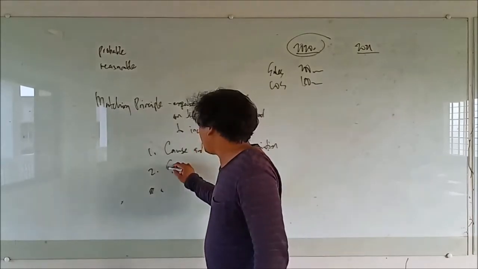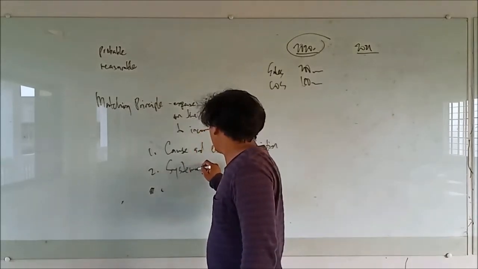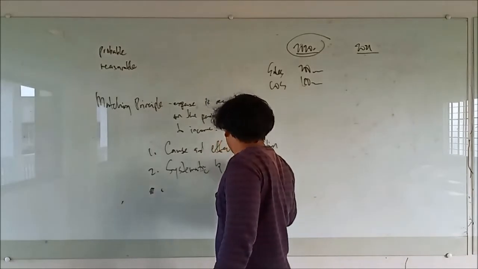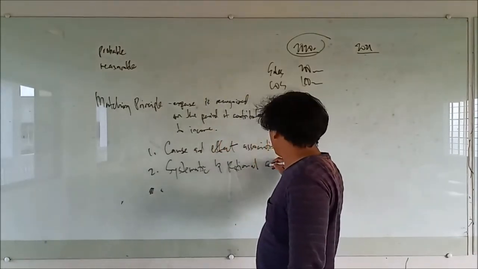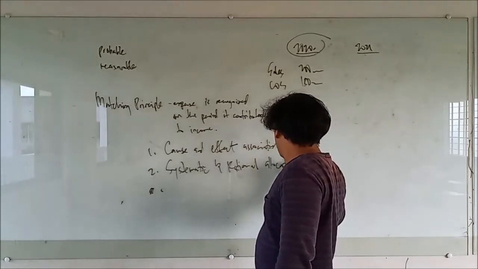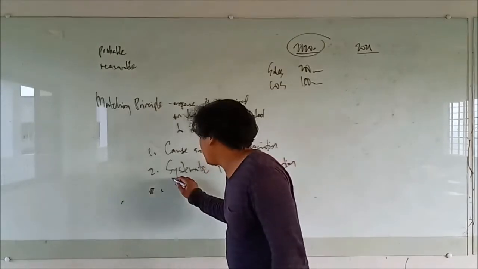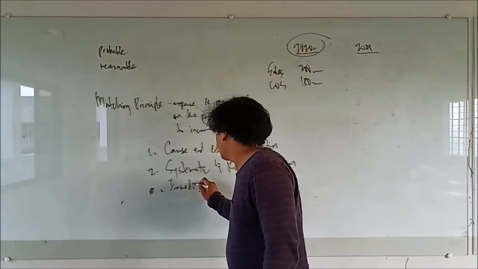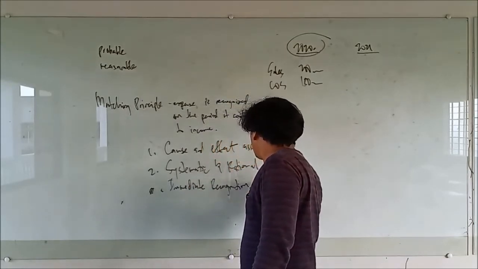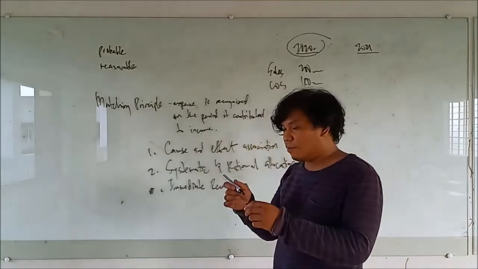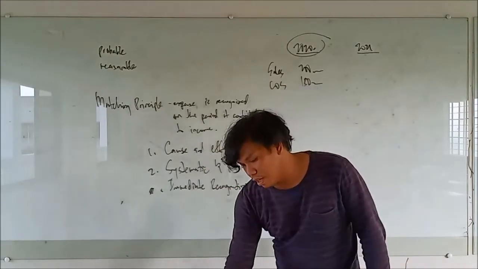The next is systematic and rational allocation. And the last one is immediate recognition. Okay, so discuss natin kung paano natin ina-apply ito sa pag-recognize ng income.